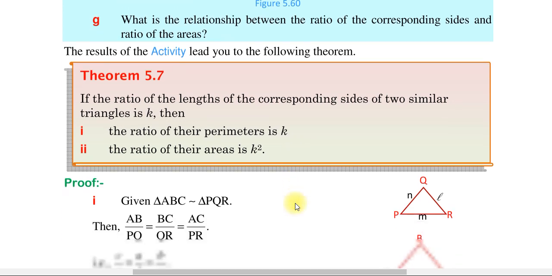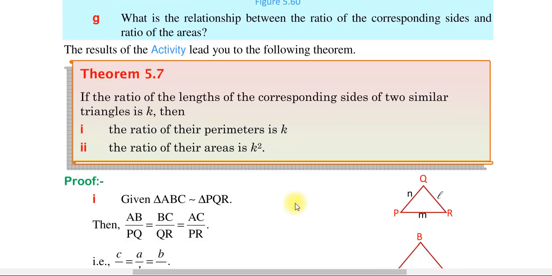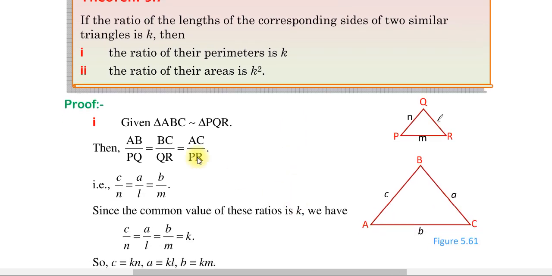Okay, everything we are discussing so far is in the 8th grade, but this is a little broader. Okay, so let's do the proof. Given triangle ABC is similar with triangle PQR. Triangle ABC is here and triangle PQR is here. So AB over PQ is equal to BC over QR is equal to AC over PR.